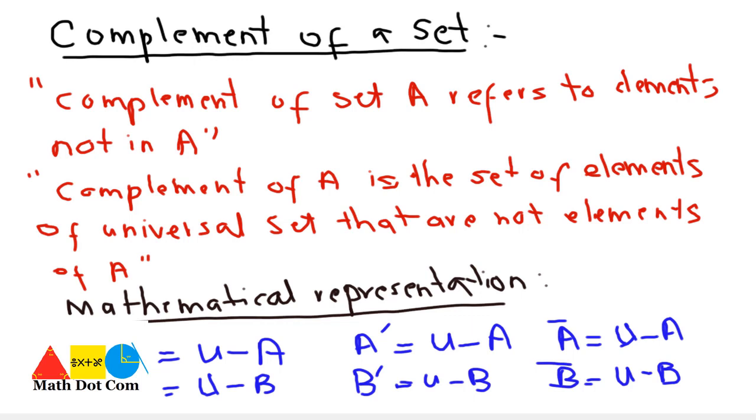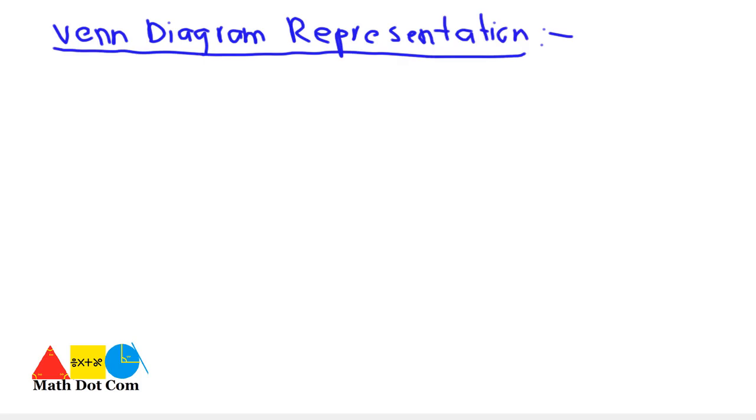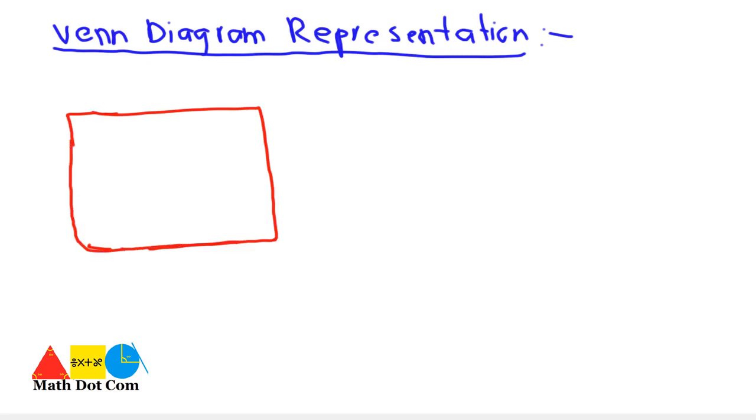Let's see how you can represent it in the form of Venn diagram. If you have a universal set, say U, this is a universal set, and it has a set A, which is a subset of this universal set.